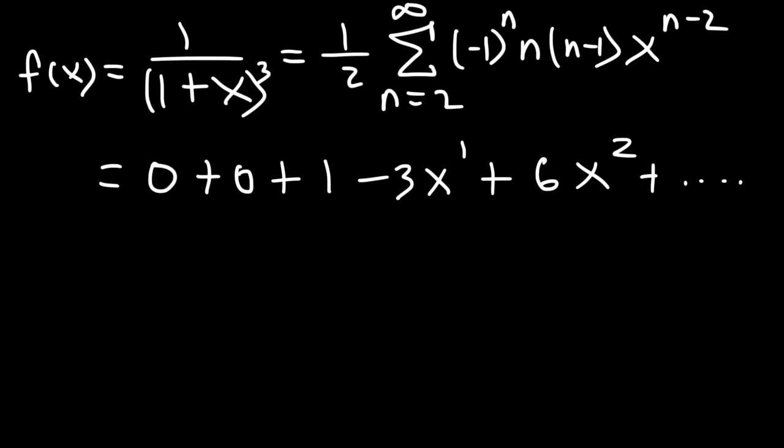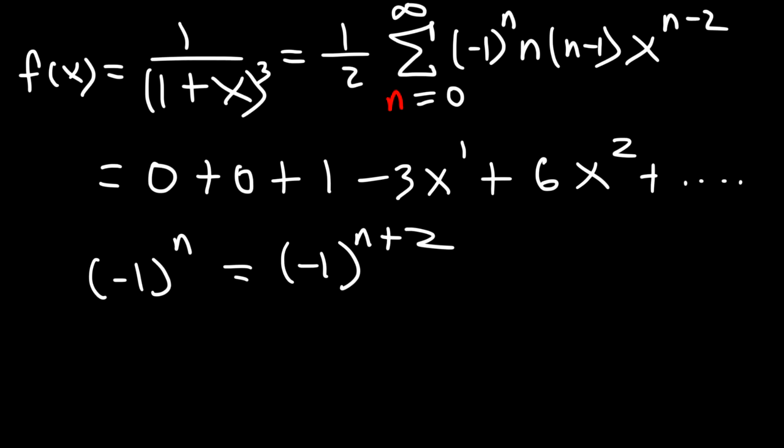And it turns out that there is. So let's make this n equals 0. So to make this work, what we need to do is basically add 2 to every n value that we see. So first, let's add 2 to this value. Negative 1 to the n, is that the same as negative 1 to the n plus 2?